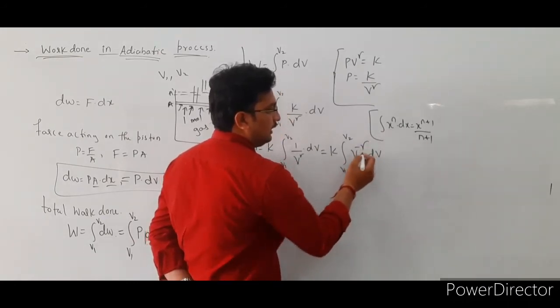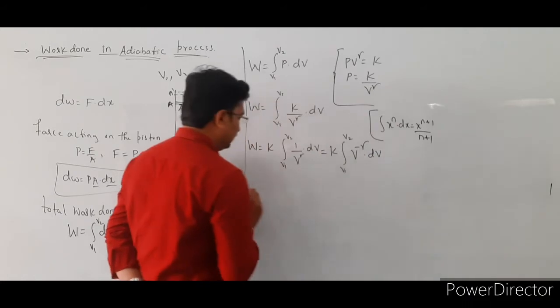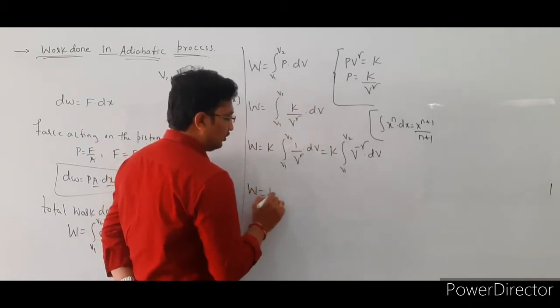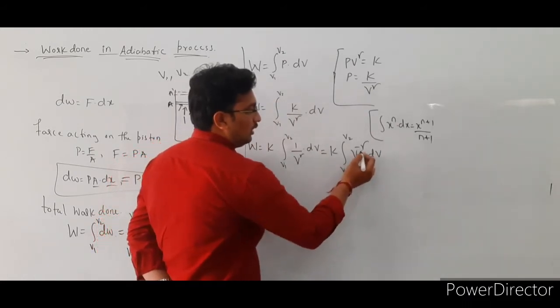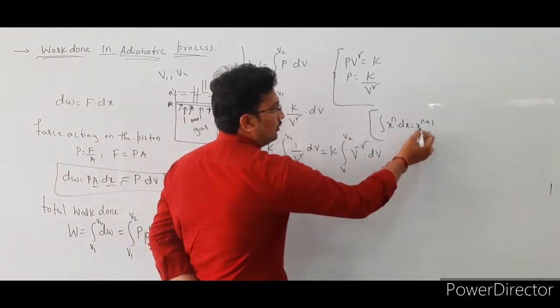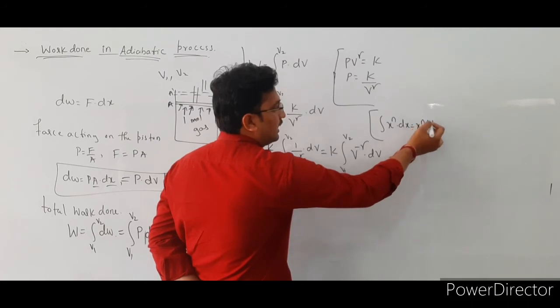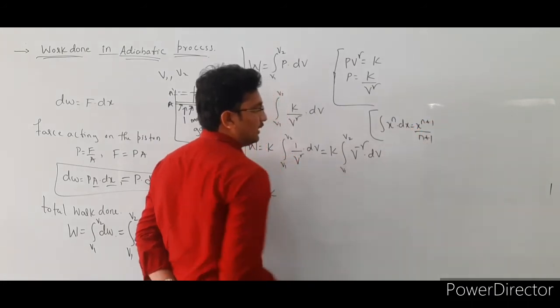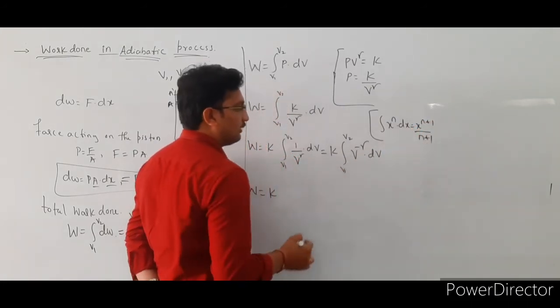In place of n, here there is minus gamma. So W is equal to K, integration of V to the power of minus gamma dV is equal to V to the power of minus gamma plus 1 divided by minus gamma plus 1.